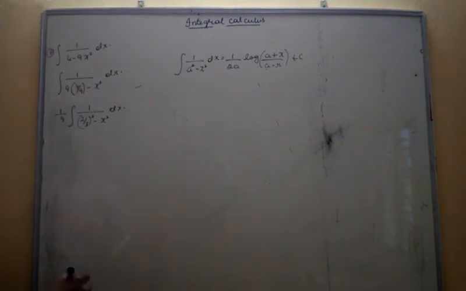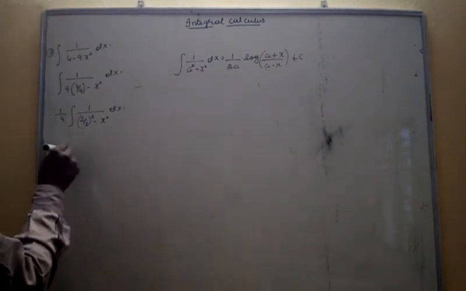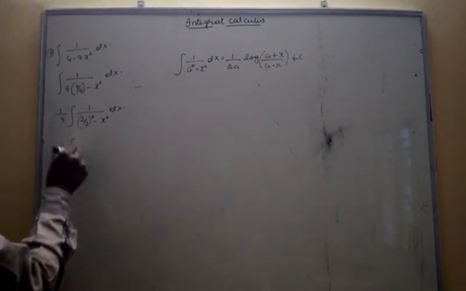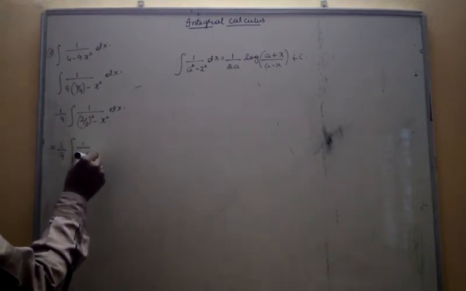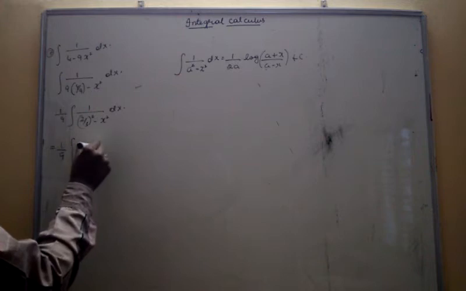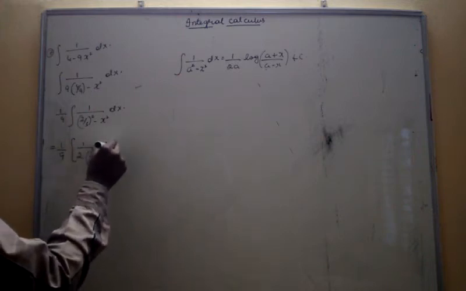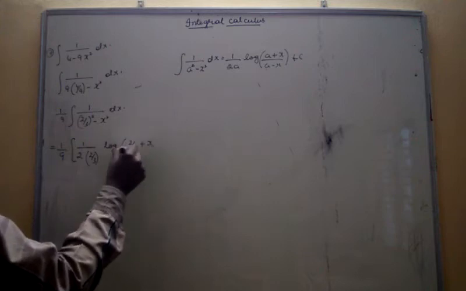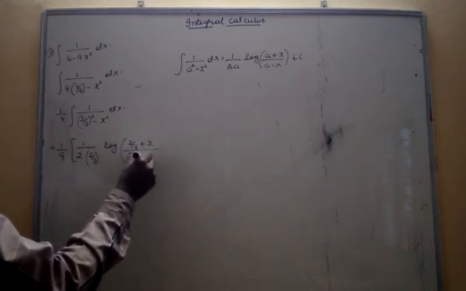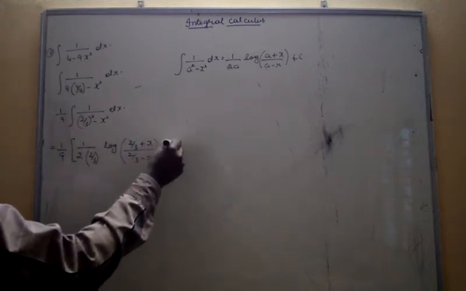Then if you apply the formula, 1 by 9 is a constant, then 1 by 2a means 3 by 4, then log of 2 by 3 plus x by 2 by 3 minus x plus c.